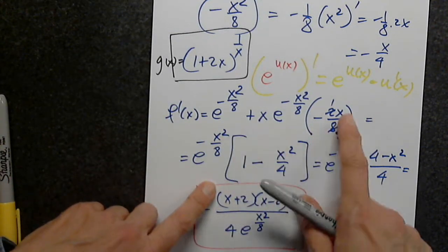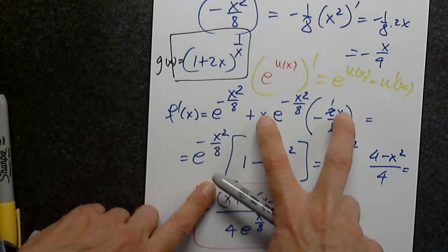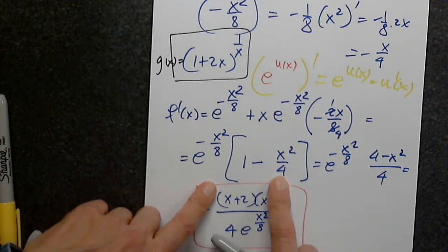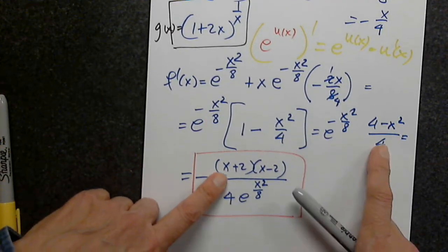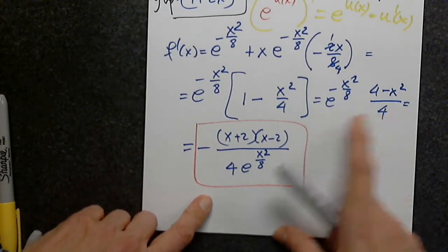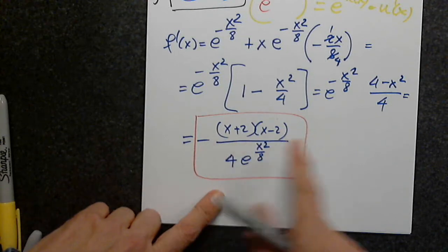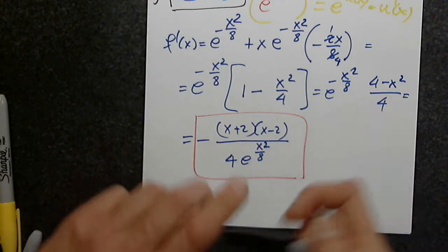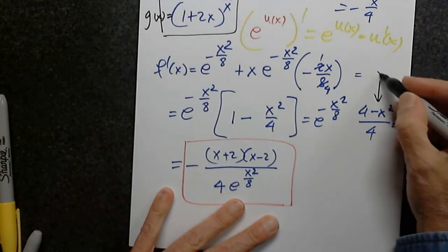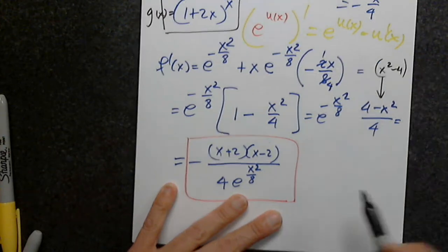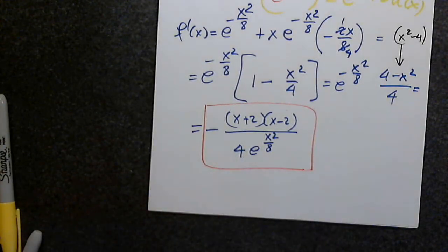Then I have 1 minus x squared over 4. Find the least common denominator and factor out negative 1. This becomes x squared minus 4, which now is x plus 2, x minus 2 over 4 e to x squared over 8.